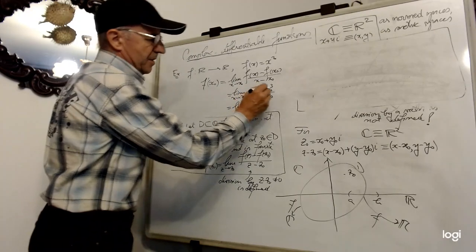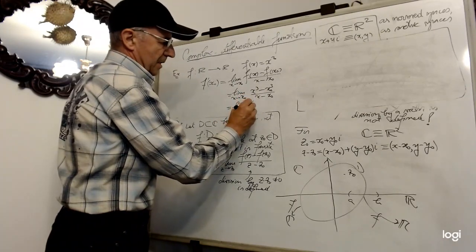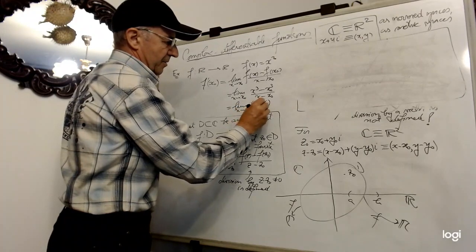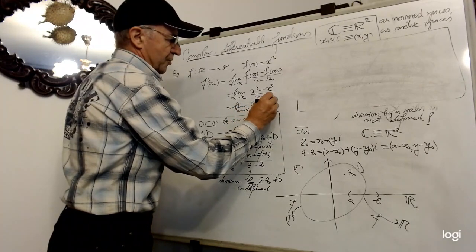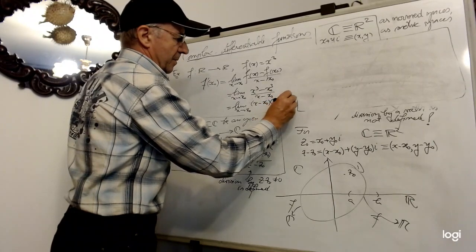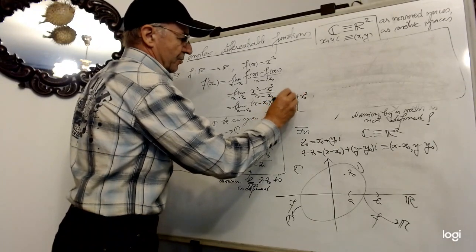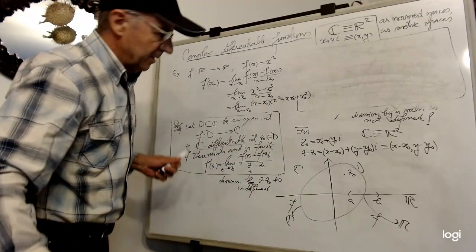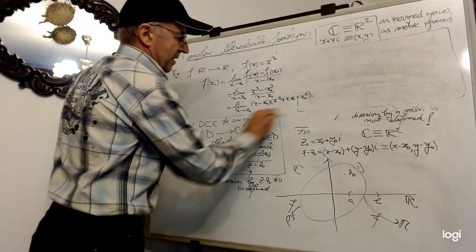We can decompose this expression as x minus x0 times x squared plus x x0 plus x0 squared, over x minus x0.